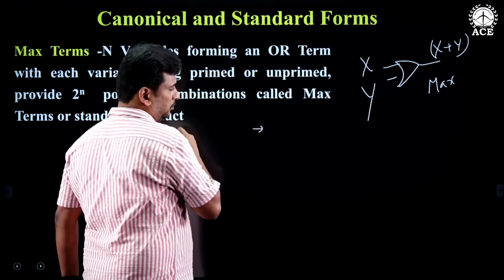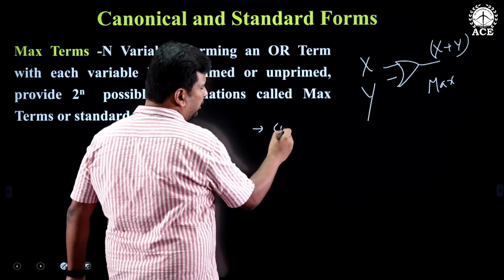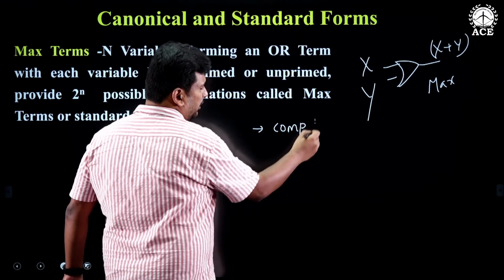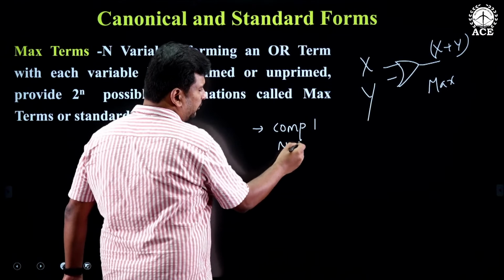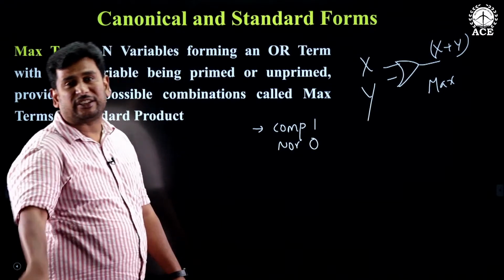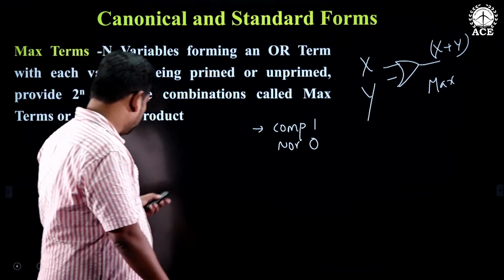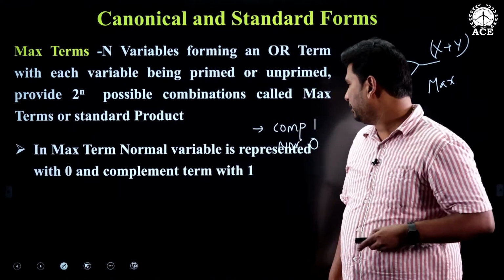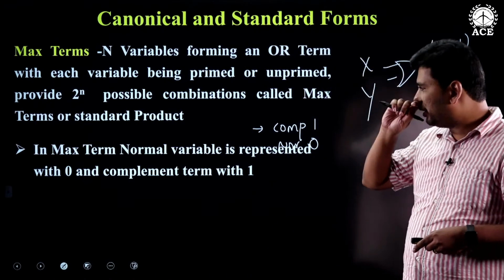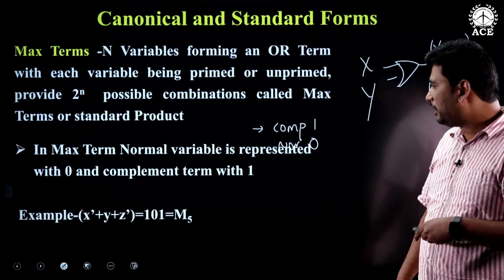But there is a small difference between minimum and maximum. Here, a complement term is represented with 1 and a normal variable is represented with 0, exactly vice versa of minimum terms. So in a maximum term, a normal variable is 0 and a complement is 1.